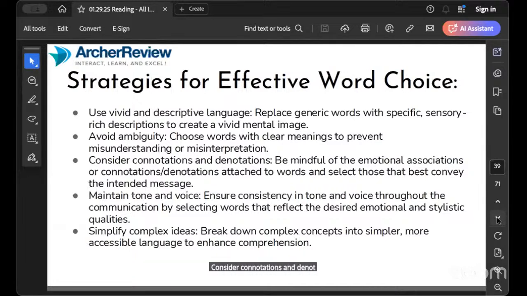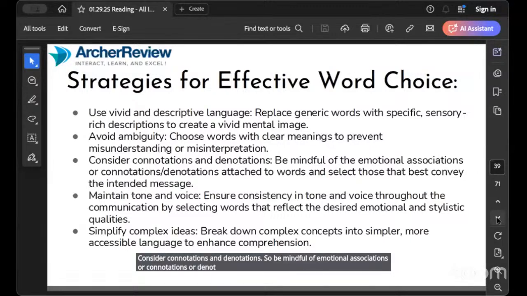So be mindful of emotional associations or connotations or denotations that are attached to the words. And you want to make sure that the answer option you're picking, if they're asking you for word choice or the best word choice, makes sure that it's giving off a clear, well intended meaning.